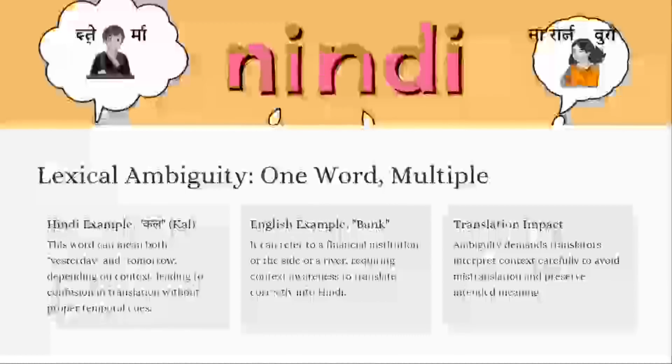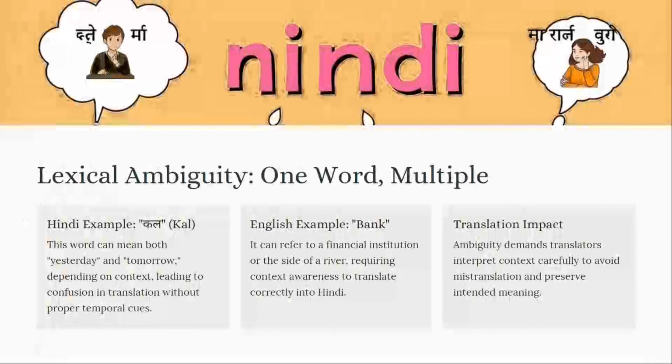Let's take the case of English. For example, bank. Bank can mean a financial bank, from where we get money, the economy. It can also mean the side of a river, and it requires context awareness to translate correctly into Hindi. So here arise lexical ambiguities, and these ambiguities demand that translators interpret the context carefully. Why?